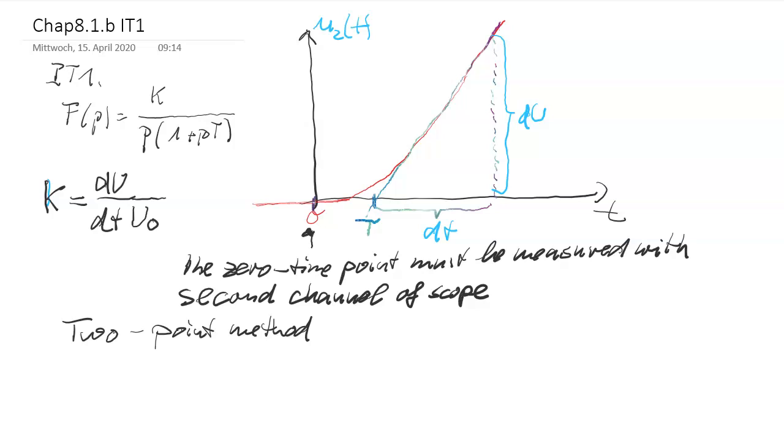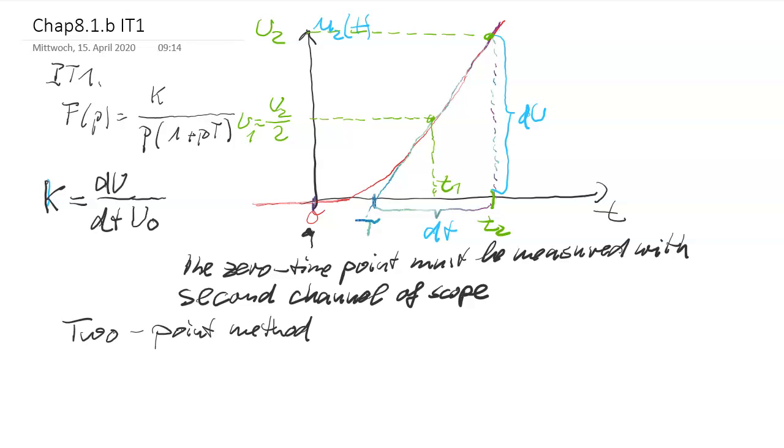I try to find the point at the end of the ramp and call the voltage at this point U2. Then a good point for my calculation is that point where the voltage is half of U2. So this is U2 divided by 2, and I call this U1. And the time point of this voltage I call T1.